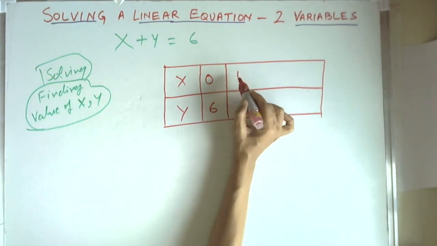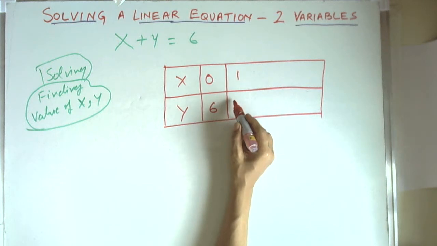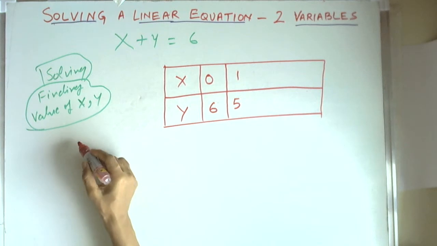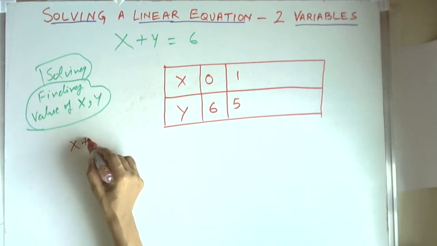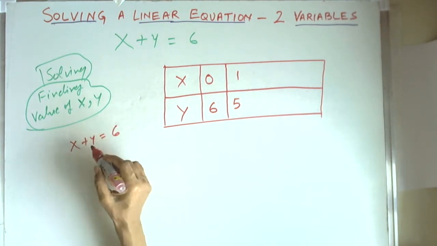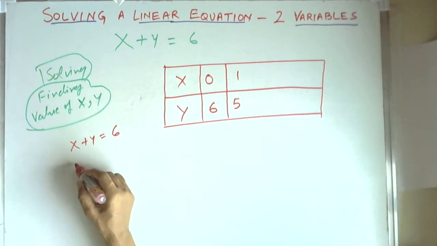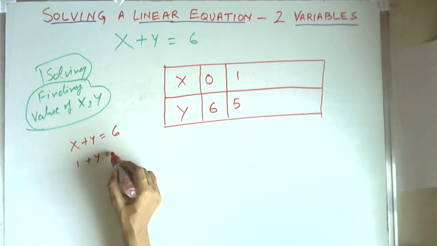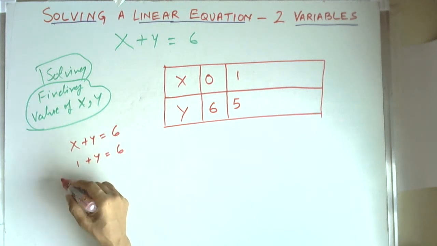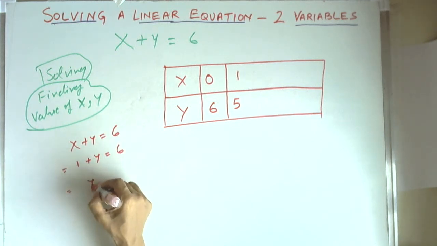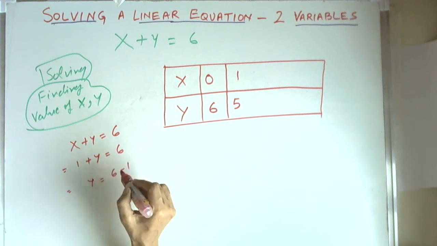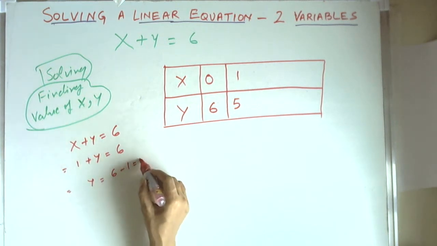If x is 1, y will be 5. How? x plus y is equal to 6, and we are saying x is equal to 1. So we substitute x is equal to 1, 1 plus y equal to 6, and therefore y is equal to 6 minus 1, which is 5.